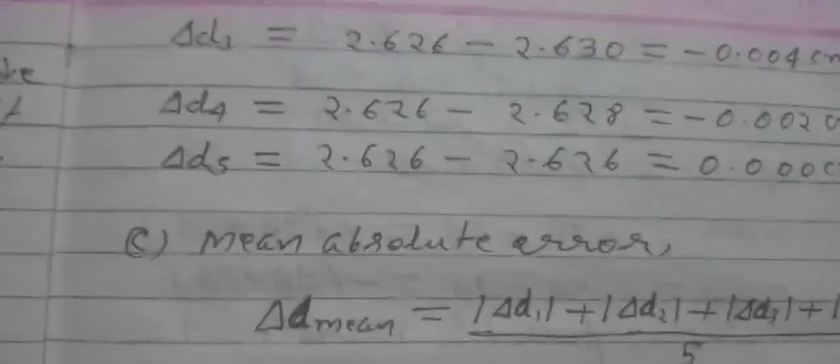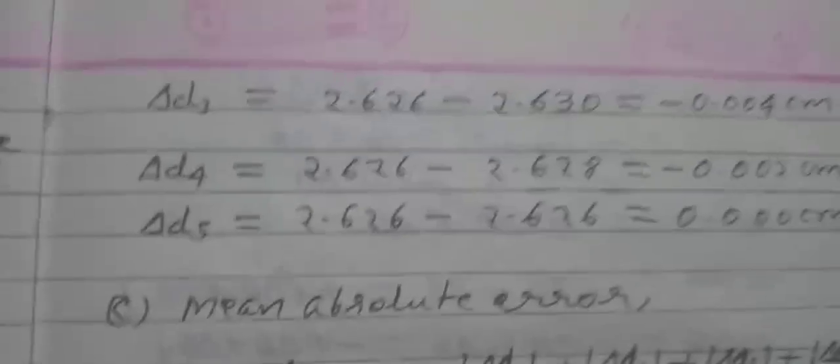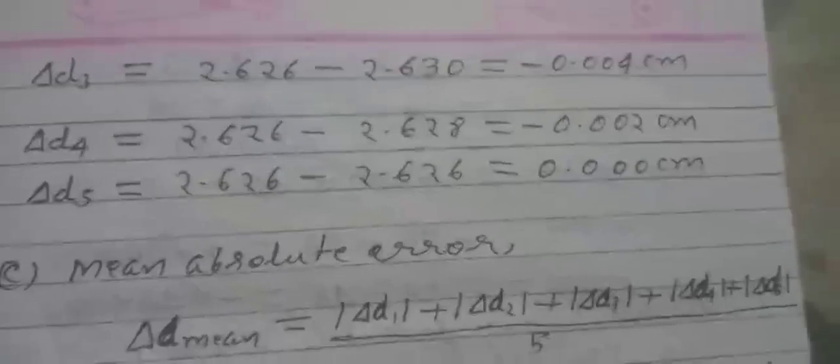ΔD3, 2.626 minus 2.630 equals minus 0.004 cm. ΔD4, 2.626 minus 2.628 equals minus 0.002 centimeter. Similarly, ΔD5 we get 0.000 centimeter.